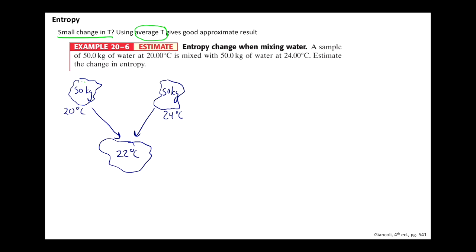We can calculate the amount of heat, first of all, that's being transferred. And we know it's going from hot to cold, so the colder water is going to be receiving the amount of heat that's being given up by the warmer water. And we have mc delta T for that calculation, which is going to be 50 kilograms times 4186, which is the specific heat of water, times a 2-degree temperature change from initial to final, from 24 to 22.